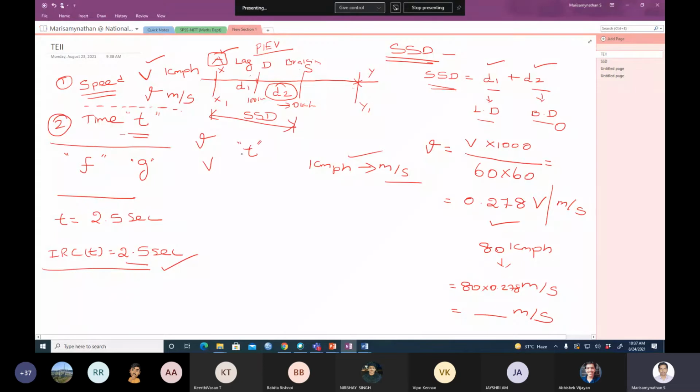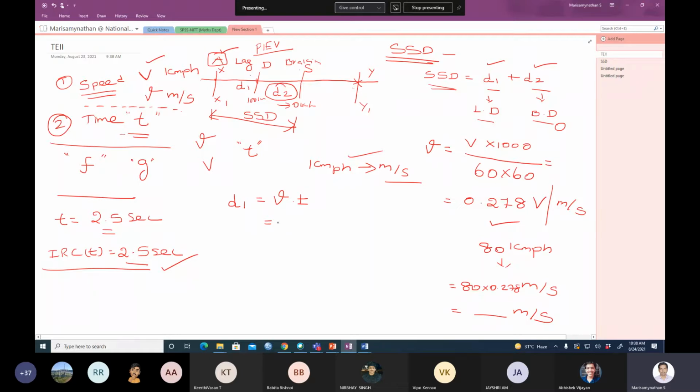The reaction time is taken as 2.5 seconds from IRC. So it is simple to estimate D1: the speed of the vehicle multiplied by the reaction time. This is how we estimate D1 when the design speed or vehicle speed is given in kilometers per hour.